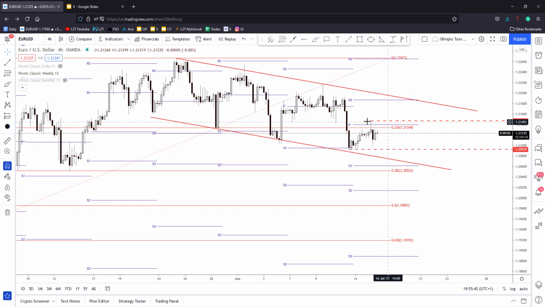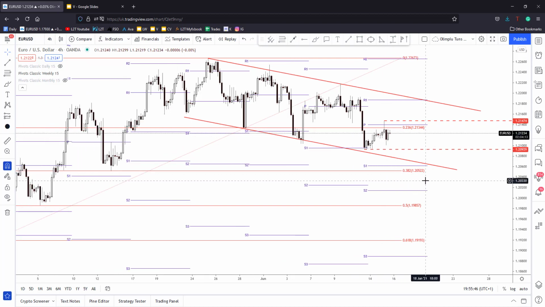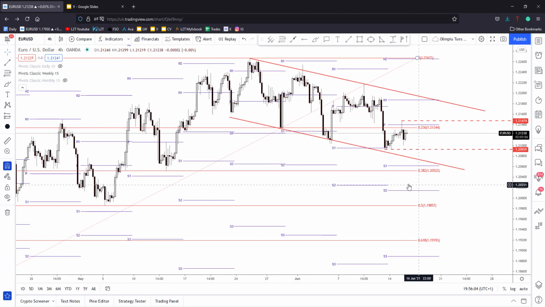And as long as it stays below these levels, maybe it will decrease again. But I've told you, for the price to resume its downside movement, it should make a new lower low to drop below 1.2092 to resume its drop towards the weekly S1, towards 38.2, right?